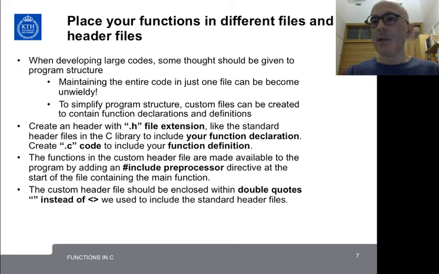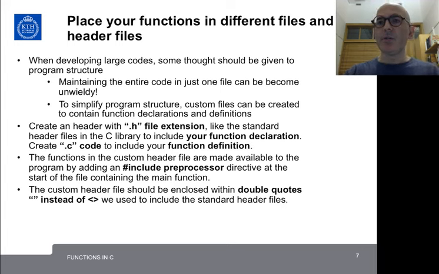When we develop a large code, we should think about program structure. To maintain a large code in just one file might be cumbersome and messy. To simplify the program structure, separate files can be created to contain function declaration and definition.